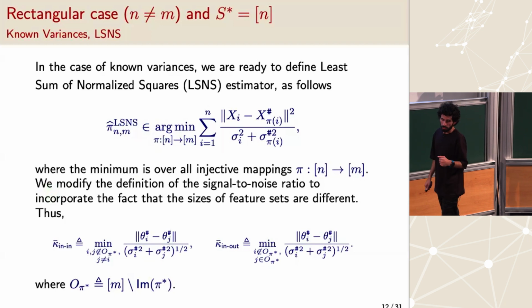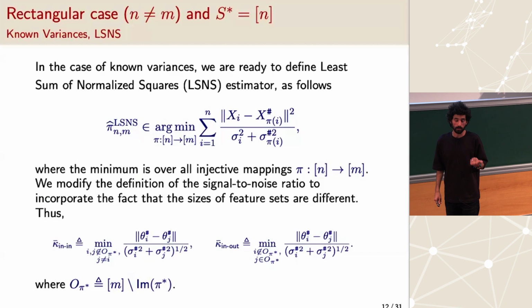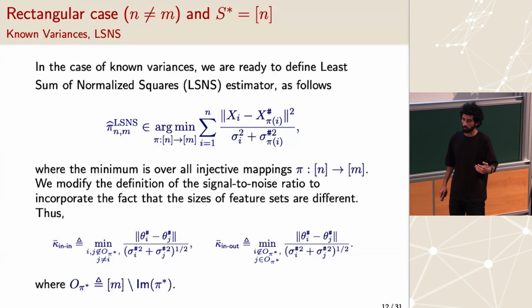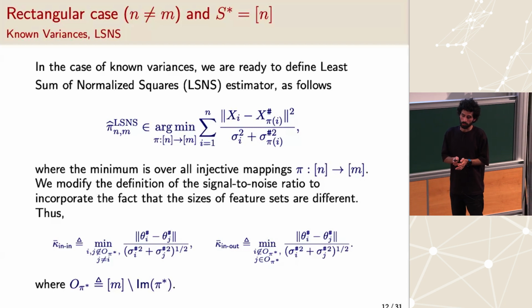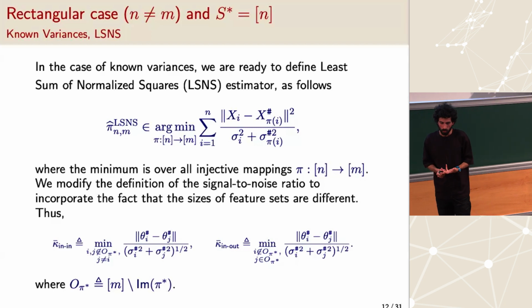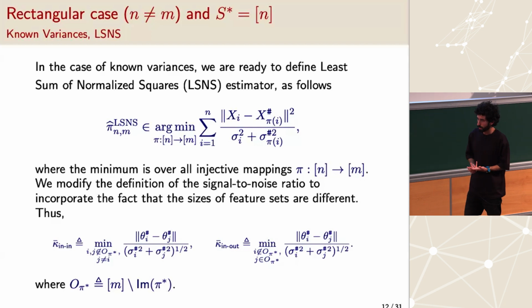So a few remarks here. We consider that the variances are known, so we can divide by this sum of sigma i squares. Also, what changes compared to the previous one is that now we don't have a permutation, but an injection from the set 1 to n to 1 to m.